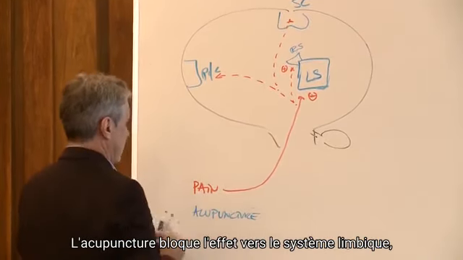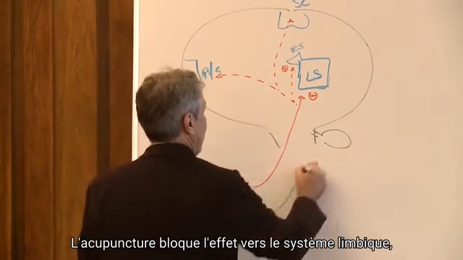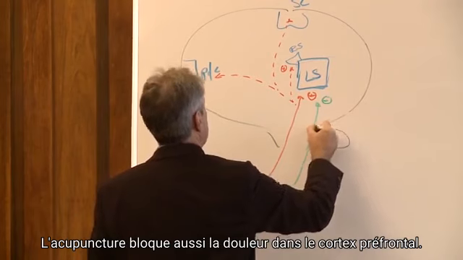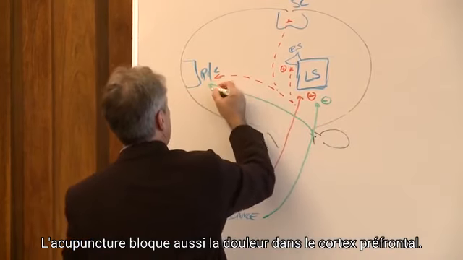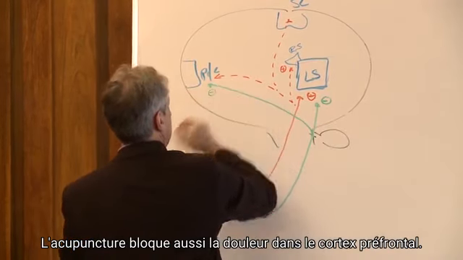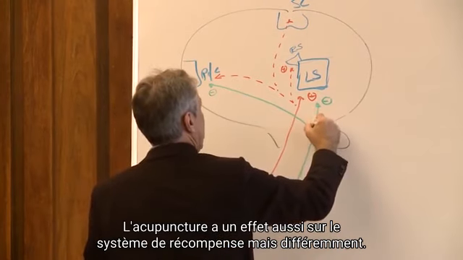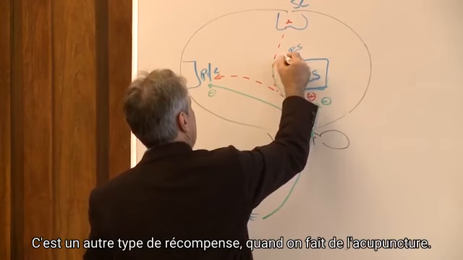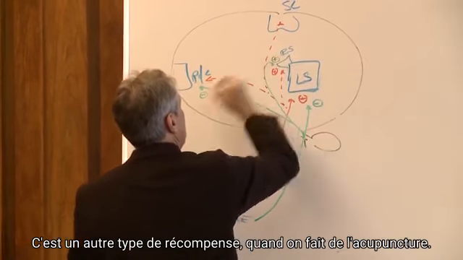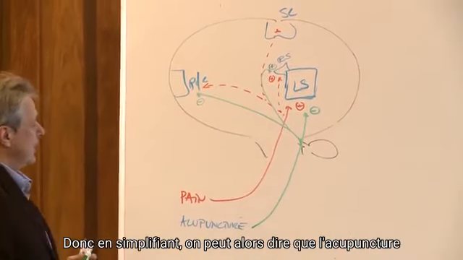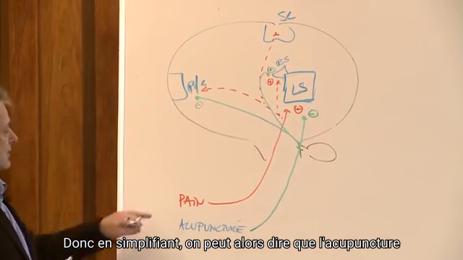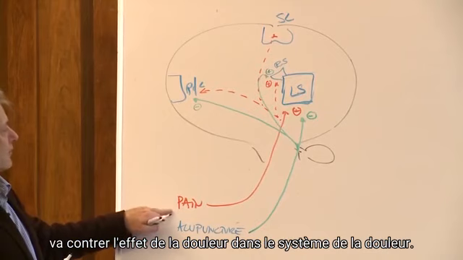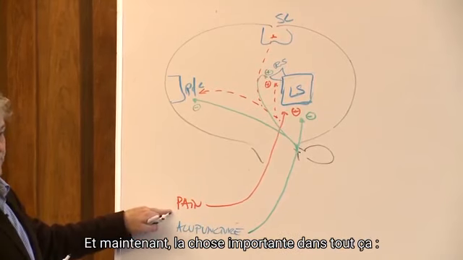Acupuncture is blocking the effect in the limbic systems, like this. Acupuncture is also blocking the effect of the pain in the prefrontal cortex. And acupuncture may also affect the reward system, but in a different way. So there is a different kind of reward when we do acupuncture. So very simplified, you can say that acupuncture is counteracting the effects of pain in the pain systems.